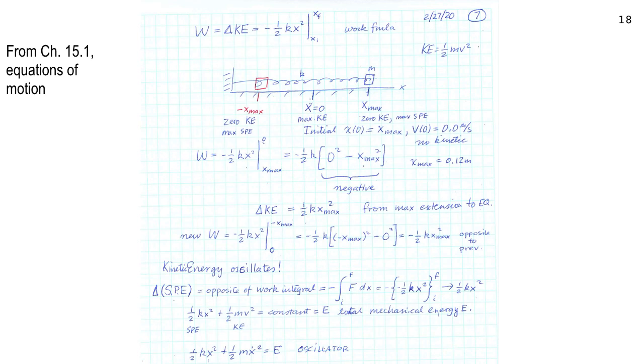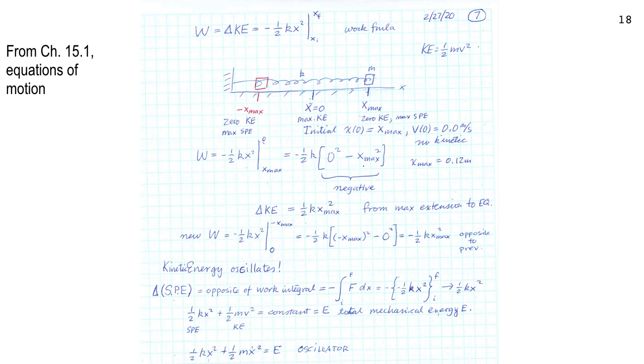All right. Now, let me draw in a ghost of the block over here, in red. So go out to minus x max, negative x max, like negative 0.12 meters or whatever you choose. And let's think about the change in the kinetic energy.